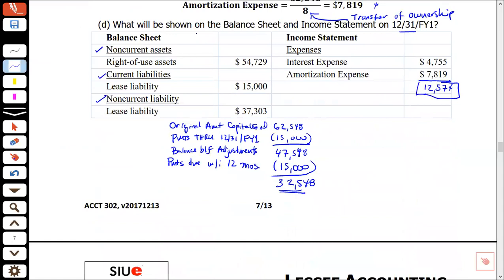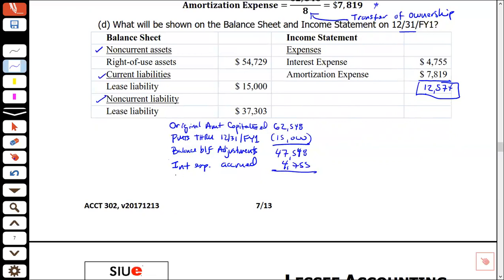Okay, so let me see if that'll work. Let's get rid of this payment right here. Interest expense accrued is 47.55, so we're going to add it.